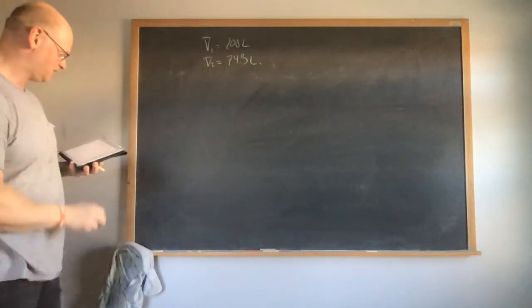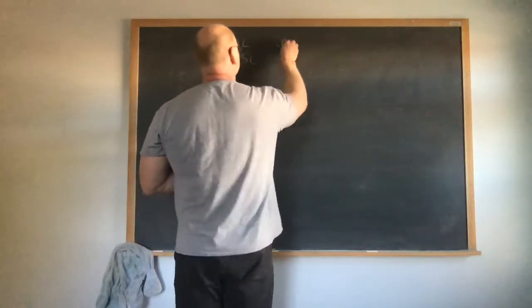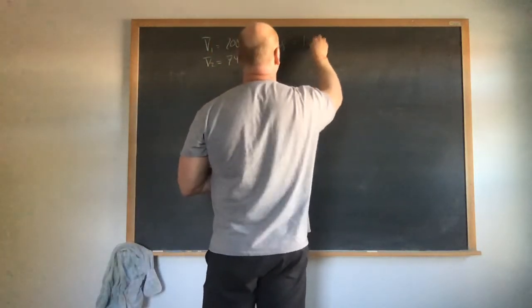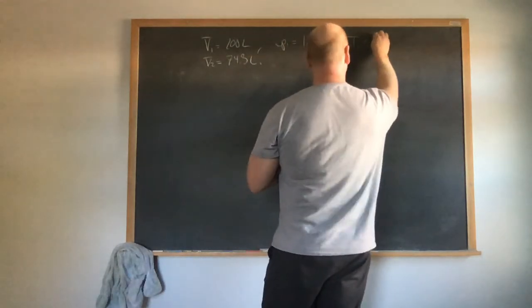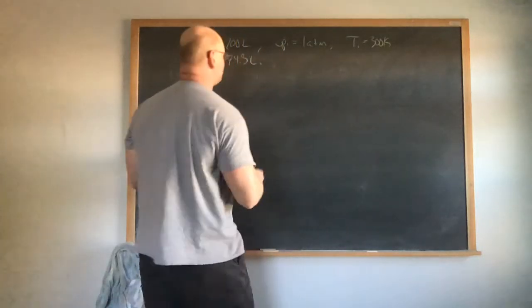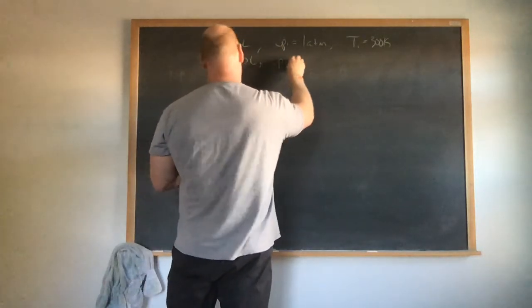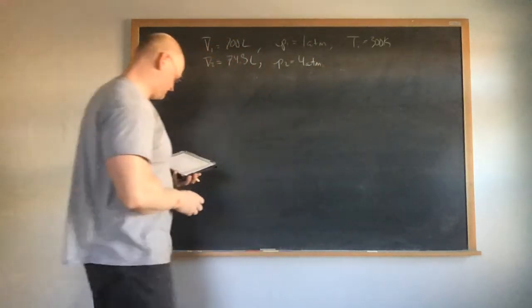The initial pressure is 1 atmosphere, the initial temperature is 300 Kelvin, and the final pressure, P2, is 4 atmospheres.